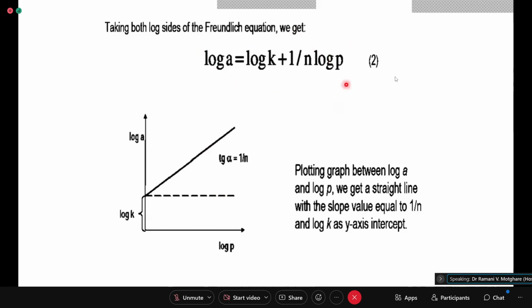Now, why are engineers using this? You are using charcoal a lot for adsorption of a number of things from drinking water, effluent water, and so many other things. That is why this is more useful.